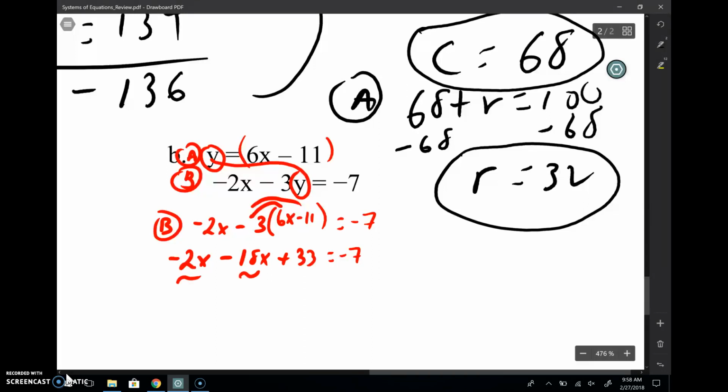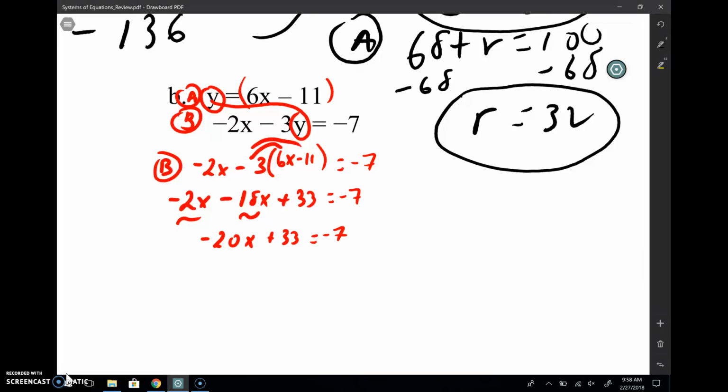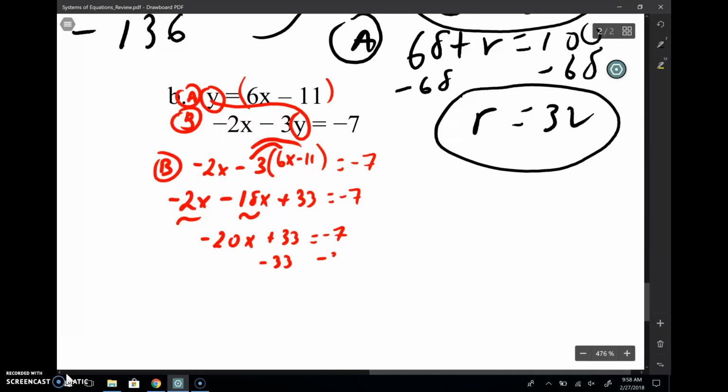I notice that those two are like terms, so negative 2x combined with negative 18x is negative 20x plus 33 is equal to negative 7. I need to move that positive 33 to the other side, using the additive inverse, which is negative 33. This zeroes out. I get negative 20x is equal to negative 40.